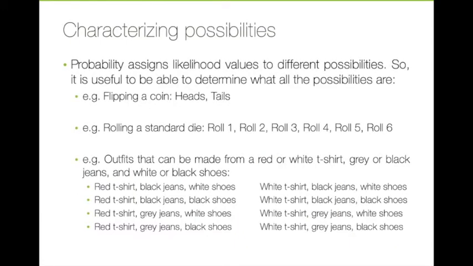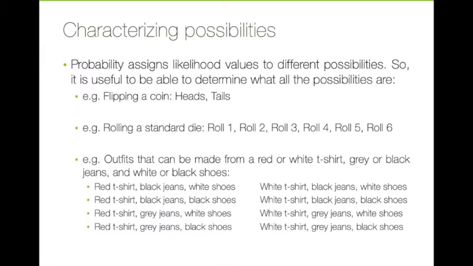What does probability do? It assigns likelihood values to different possibilities. Since that's how it works, it's useful to be able to determine what all the possibilities are. So here's some examples. With flipping a coin, we have two possibilities, heads and tails.